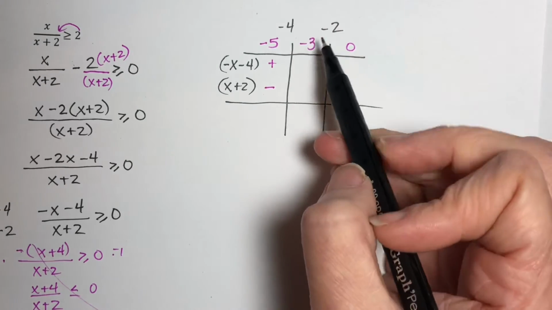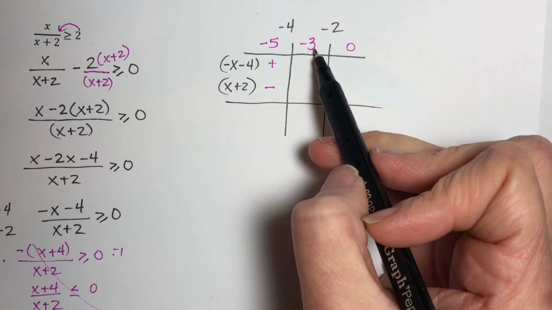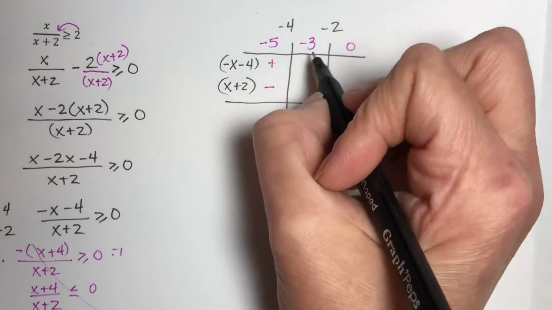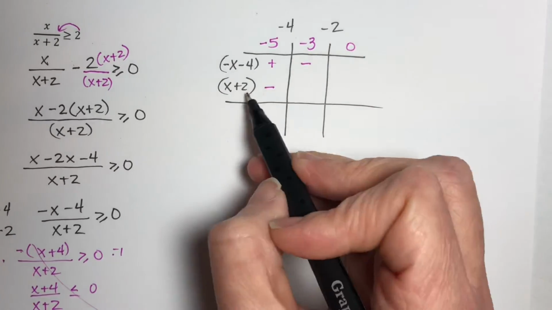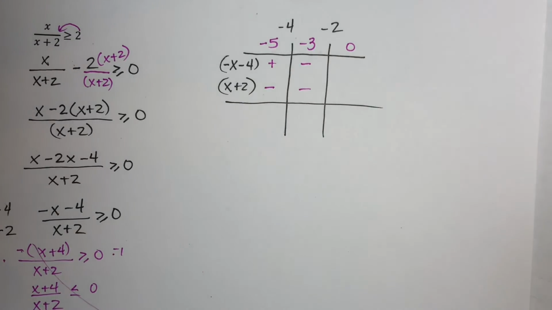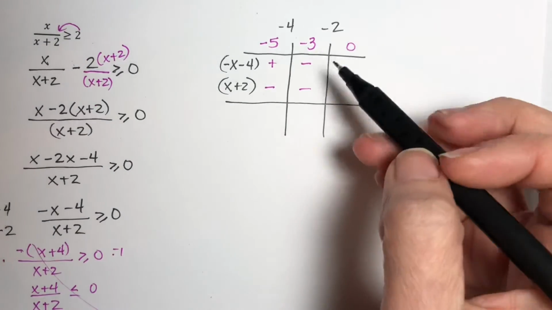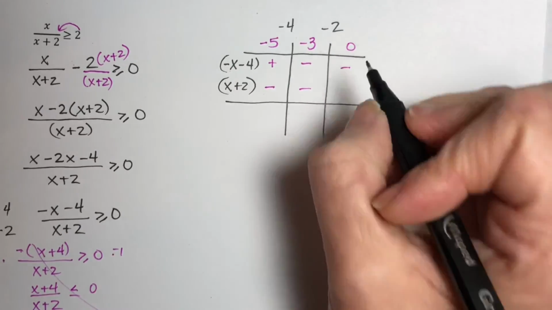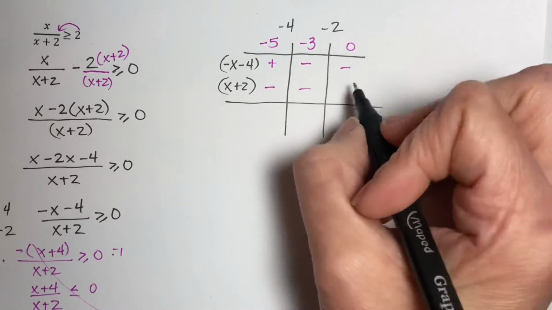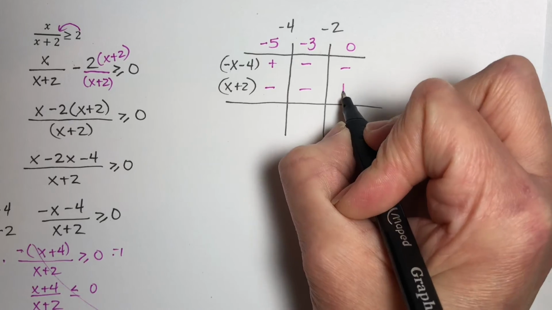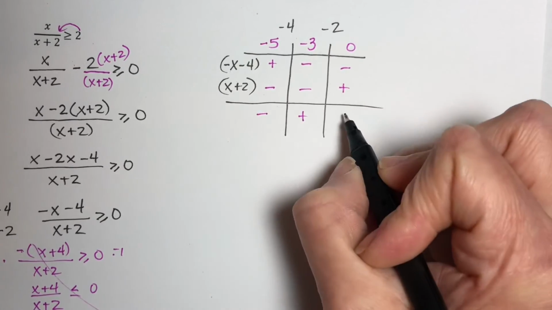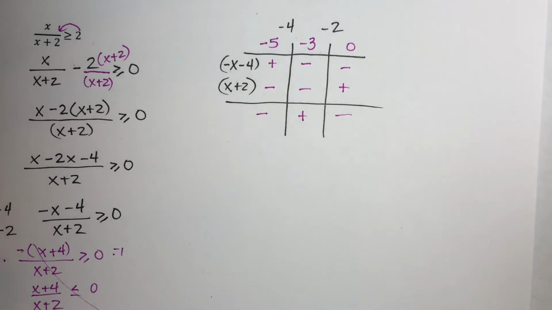Okay, so if I plug in a negative 3, that's going to be positive 3 minus 4, which is negative. Negative 3 plus 2 is negative. Okay, now plug in 0, that's 0 minus 4, which is negative, and 0 plus 2 is positive. So overall, I have a negative, positive, negative using your sign rules.